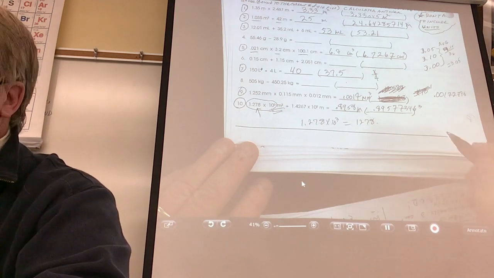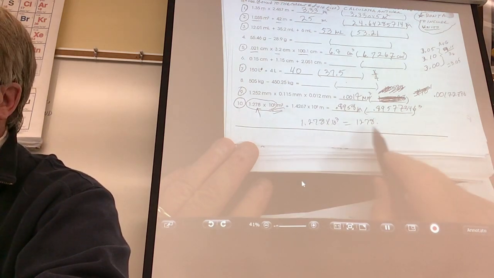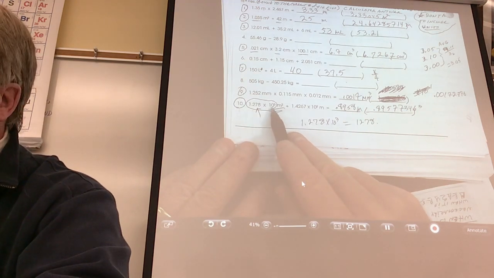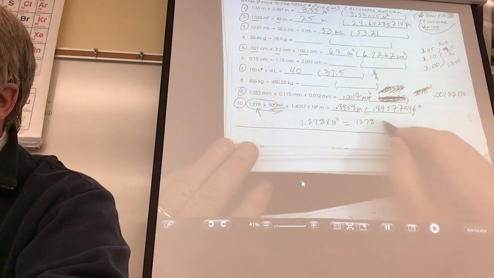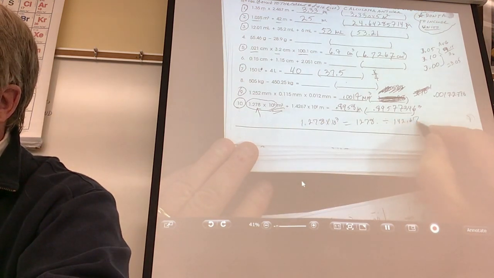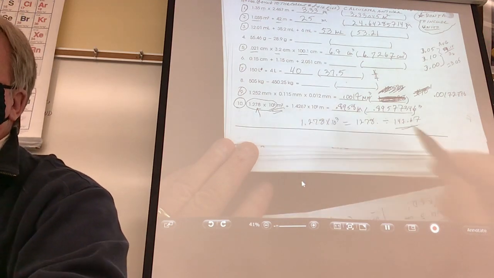See? That's the same number. So hopefully you put that number in there, or you could write it 1.278 times 10 to the third, and then you said divided by, and this number is 142.67. That's the same number in scientific notation.